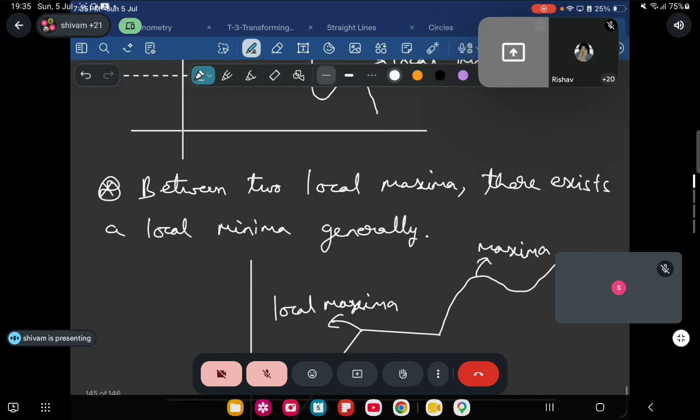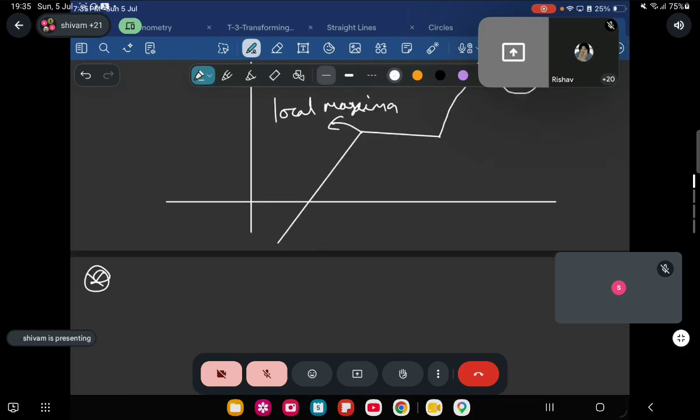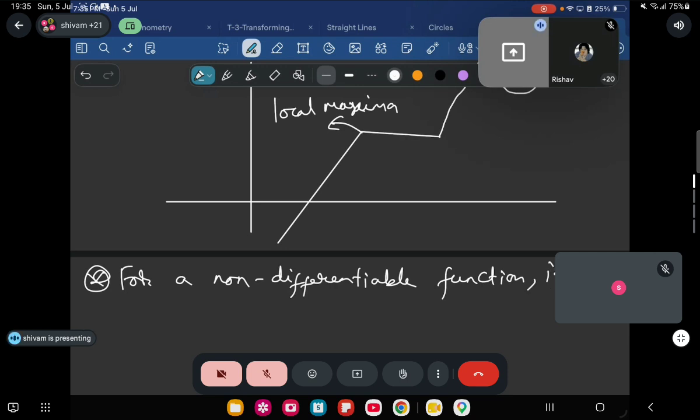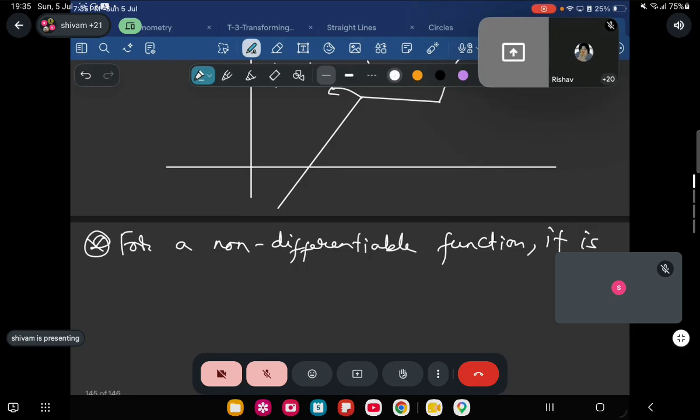Pay attention. For a non-differentiable function, we cannot determine maxima or minima.